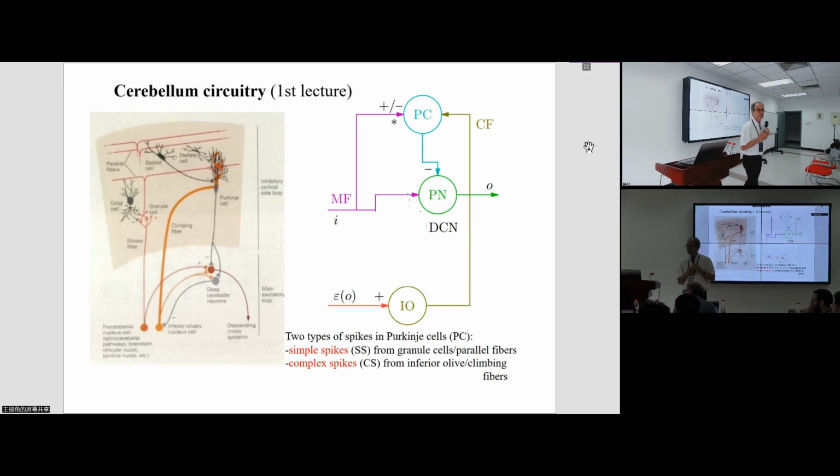Vincent? Yes. Can you just repeat what you were saying before the question, like how the learning works in this network? Here you have an error signal that comes from the olive.